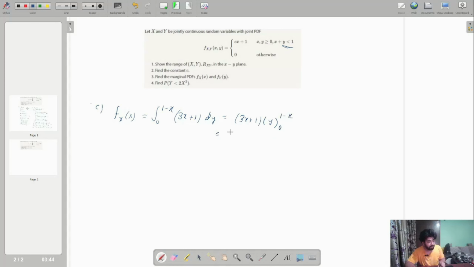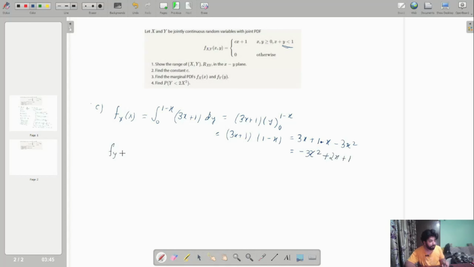Now I can say this will be 3x plus 1 minus x. So if you solve this up, you'll have 3x plus 1 minus x minus 3x square. So we have minus 3x square, then plus 2x and plus 1.